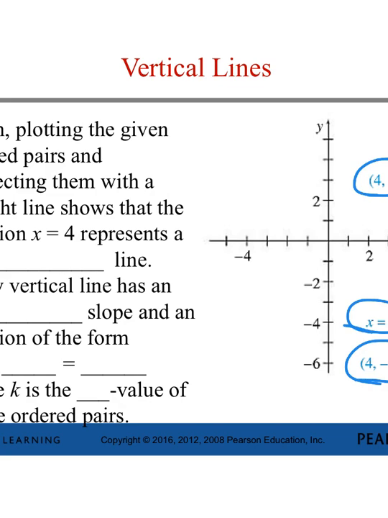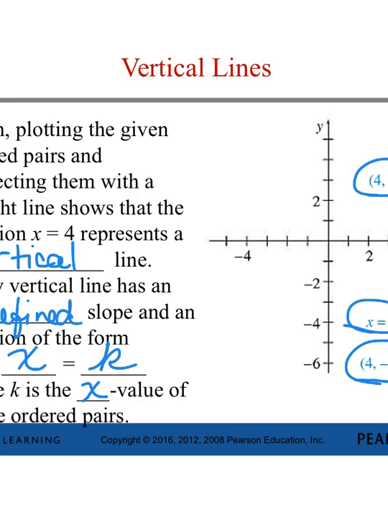So the straight line shows the equation x equals 4 represents a vertical line. And every vertical line has an undefined slope. So the equation is always of the form x equals some number k, where k is the x value of all of the ordered pairs.